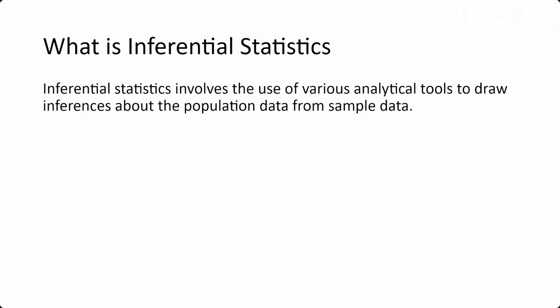For example, you pick 5 students from a class, you carry out a test, maybe a math test, and then you imply that the score is most likely to be the score of the entire class. Then there you are inferring. That's what inferential statistics involves.